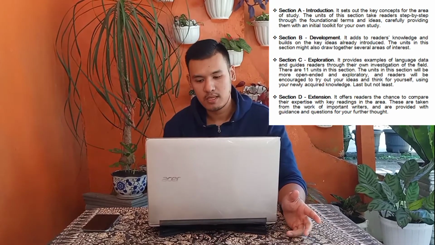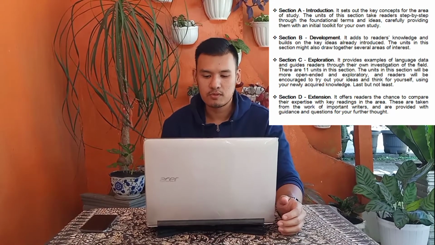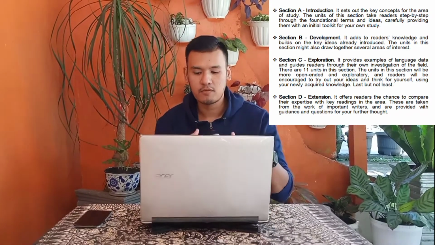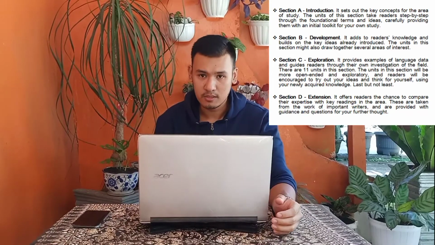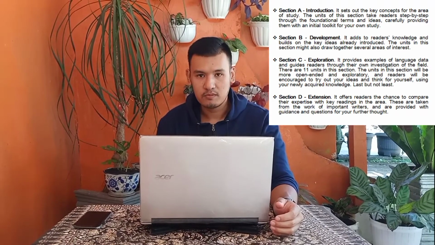And then the last section is section D, Extension. It offers readers the chance to compare their expertise with key readings in the area. These are taken from the work of important writers and provided with guidance and questions for further thought.